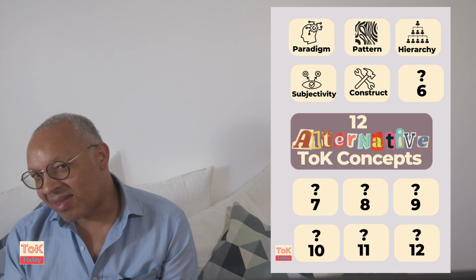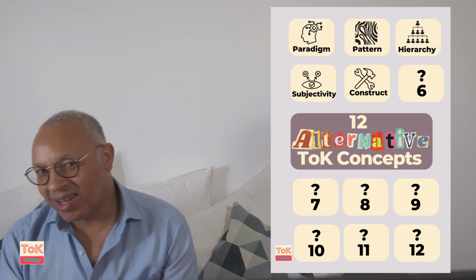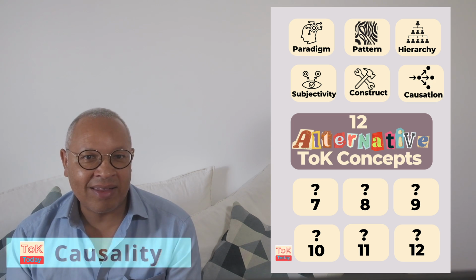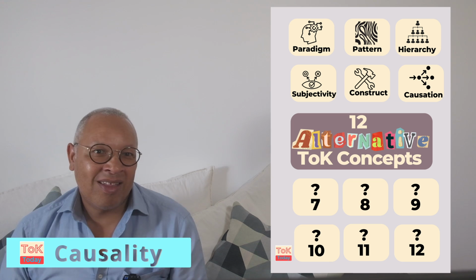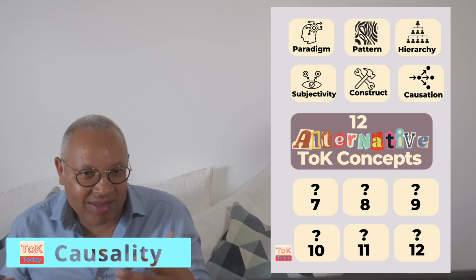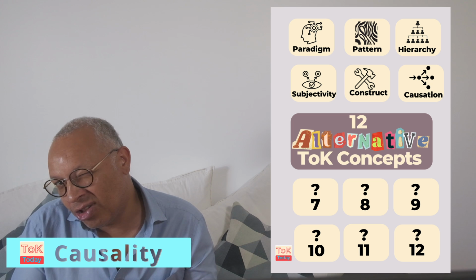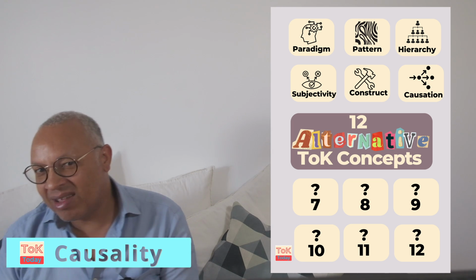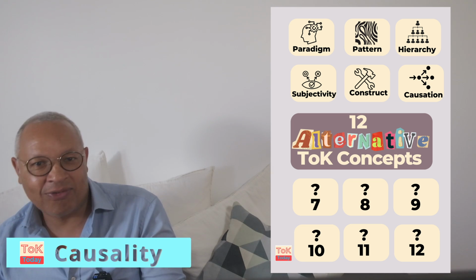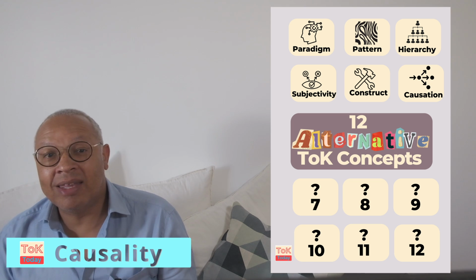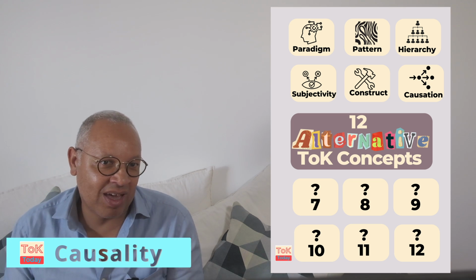The 6th concept that I'm nominating for the alternative list is causality or causation. So much of the ToK course is about establishing the grounds for knowledge and knowing. And causation is such a primary method for establishing knowledge, particularly in AOK's human and natural sciences.